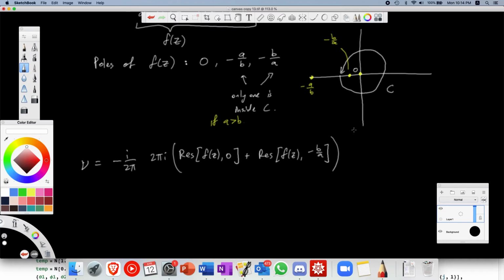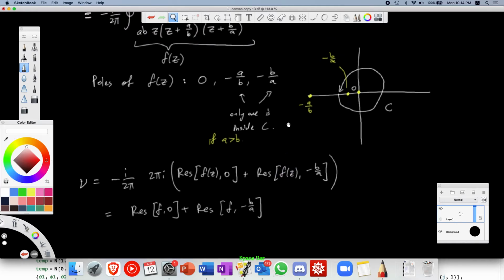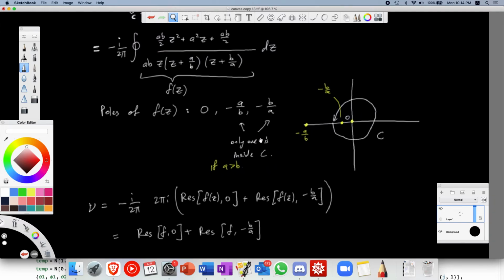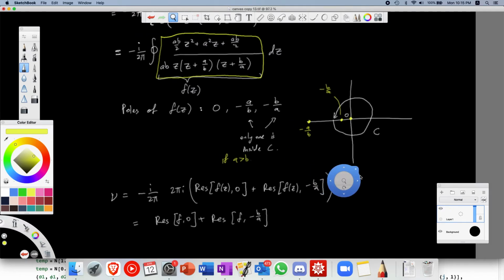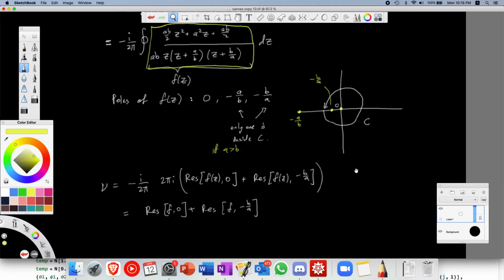We can do the multiplication, so that it gives us the residue of the function at 0 plus the residue of the function at minus b over a. What only remains to do is to compute the residue of this function at the poles 0 and minus b over a. So let's do that.